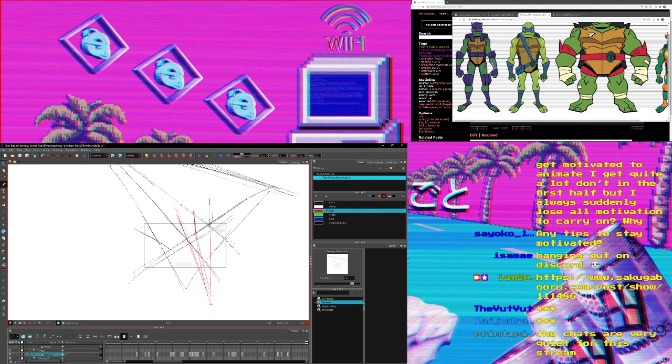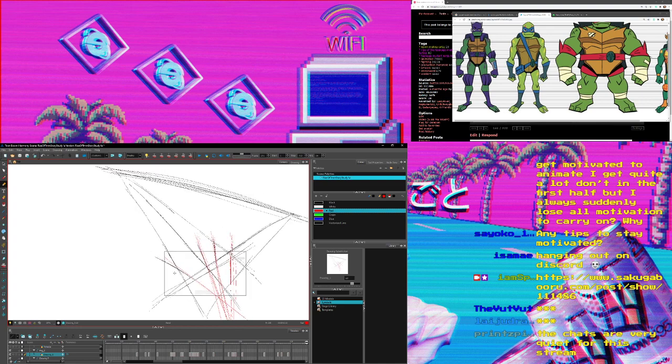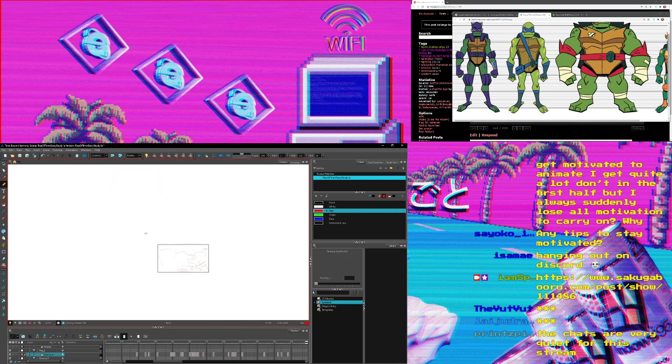Again, this is probably not perfect either, but it's probably somewhere down there-ish. I want to say maybe here or here. But that is basically a three-point perspective shot that's happening there.